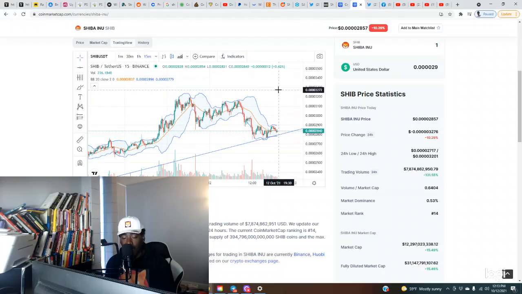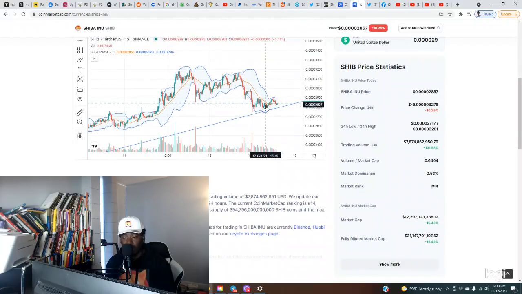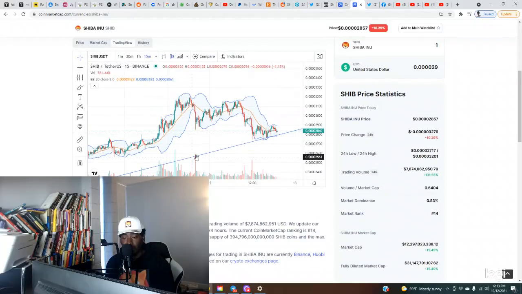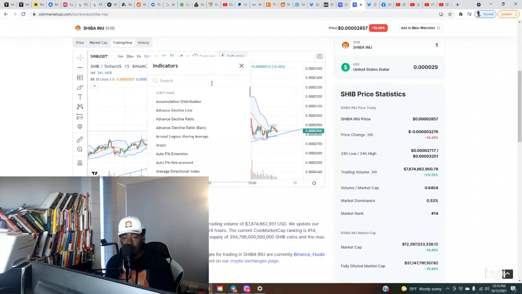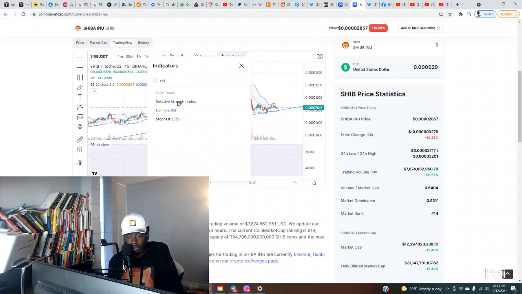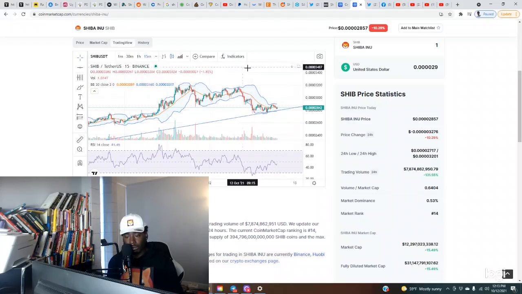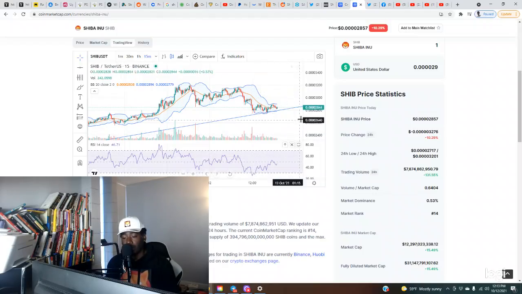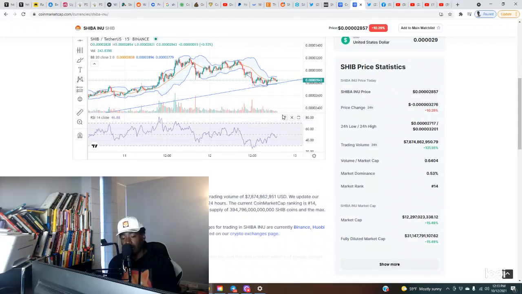So we add these indicators on top of each other. Next we'll use our RSI. I like this one a lot. I won't say it's the best one, but it's a really, really good one to use, because it basically tells you when the price is extremely oversold.